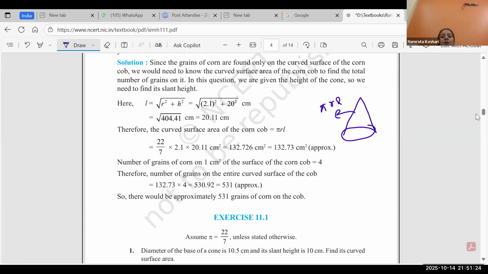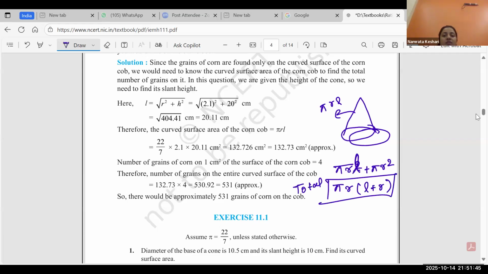And total surface area means including this lid area. This is circular in shape. So the lid area formula is pi r square. Okay, this pi RL plus pi r square, where we can take pi r common and it will be pi r times L plus R. This is the formula for total surface area. And this is the formula for just curved surface area, right? Yeah. Pi RL is the formula for curved surface area, and total surface area formula is this one.